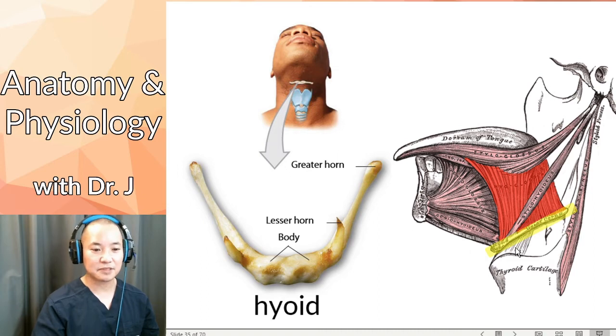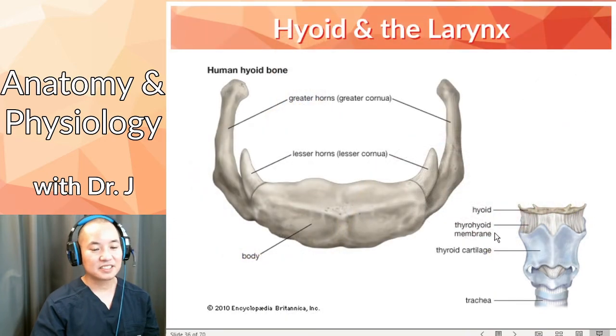This is how it's kept in place. All these ligaments, muscles and tendons help to keep the hyoid in place. Is it just something there to form an anchor? No, it's actually very important in the overall function of the tongue muscles and muscles of the throat as well. So this is why the hyoid is very important, but again, it's special because it does not form a joint or articulation with another skeletal bone.